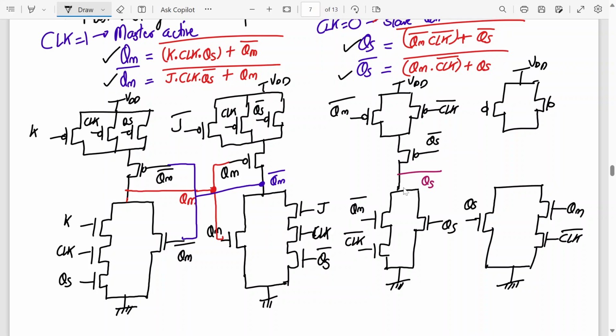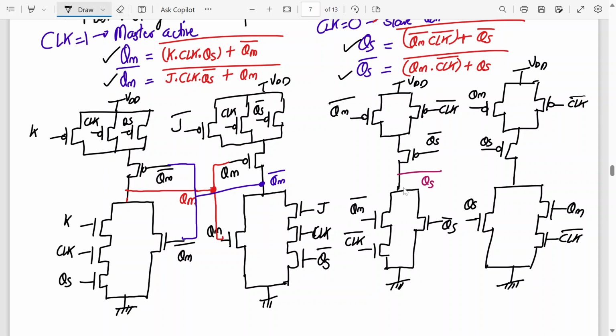Sir, in the first network of slave, in the pull down network, it will be QS bar, right? You have written QS here. Yeah. Okay, okay, fine. Agree. This will be QS. This will be QS. This will be QM. Clock bar.